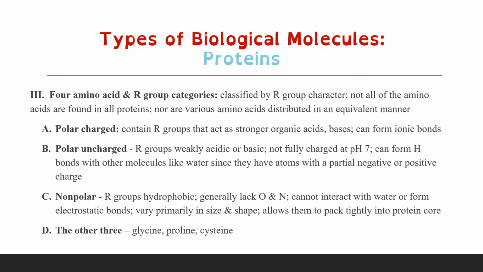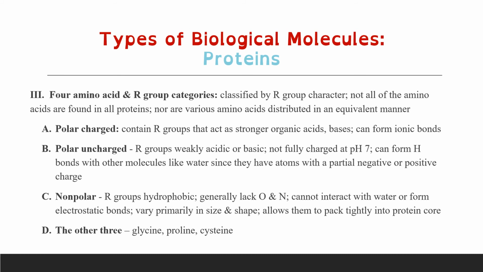This contains a side chain that becomes fully charged. That is, the side chain contains relatively strong organic acids and bases. This includes aspartic acid, glutamic acid, lysine, and arginine. The second type would be the polar uncharged.